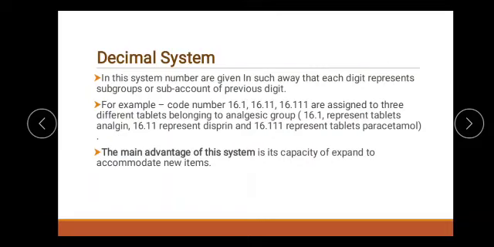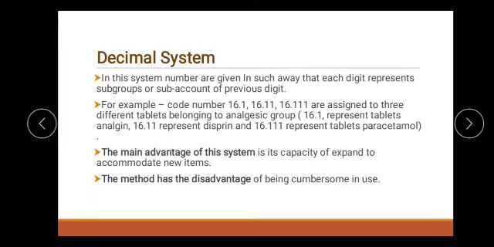The main advantage of this system is its capacity to expand to accommodate new items. The method has the disadvantage of being cumbersome in use.